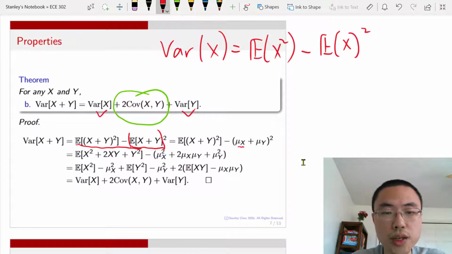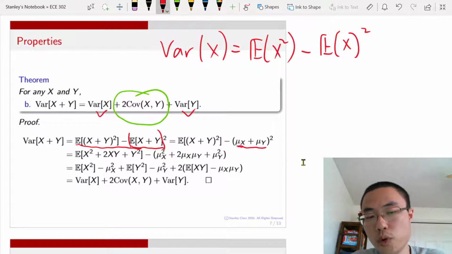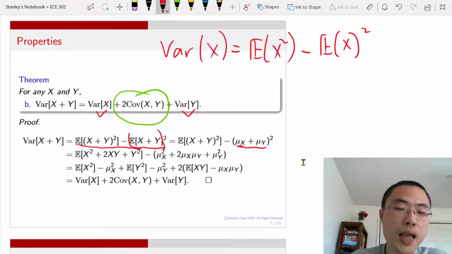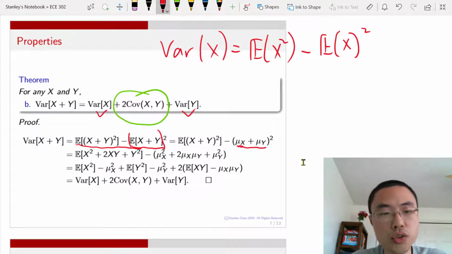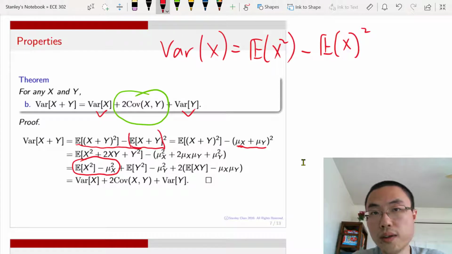Okay, so you have expectation of x plus y, so therefore you have mu x and mu y that comes out. Then you can expand this square term. You have x squared, 2xy, and y squared, mu x squared, 2 mu x mu y, and mu y squared. Okay, so just expand all the terms and you group them. Then you can see that here you have this second moment on x, and then minus mu x squared.